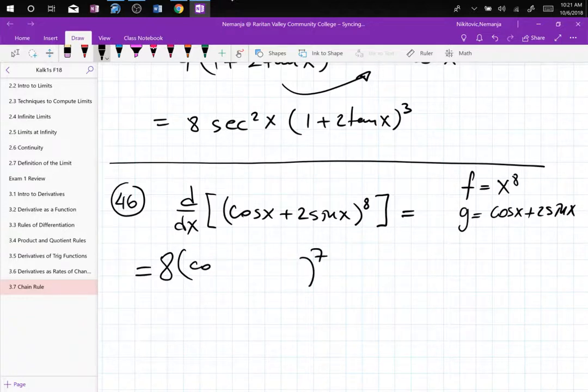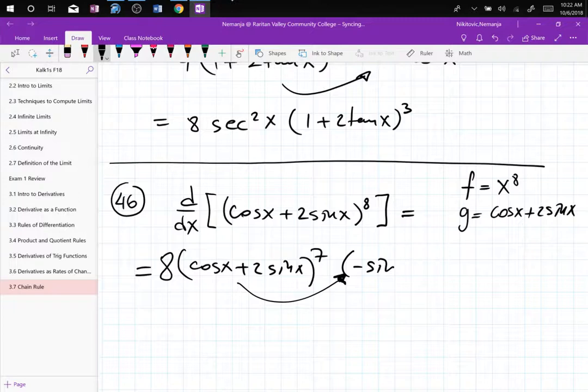So we plug in cosine x plus 2 sine x. And what's the inside? The guts. The derivative of cosine is negative sine x, very good, plus 2 cosine x. Very good. All right, great.